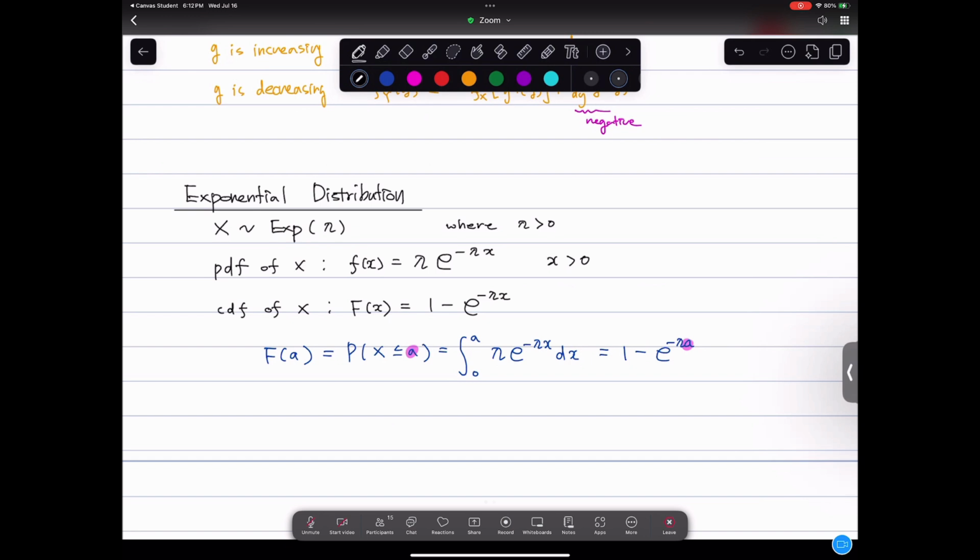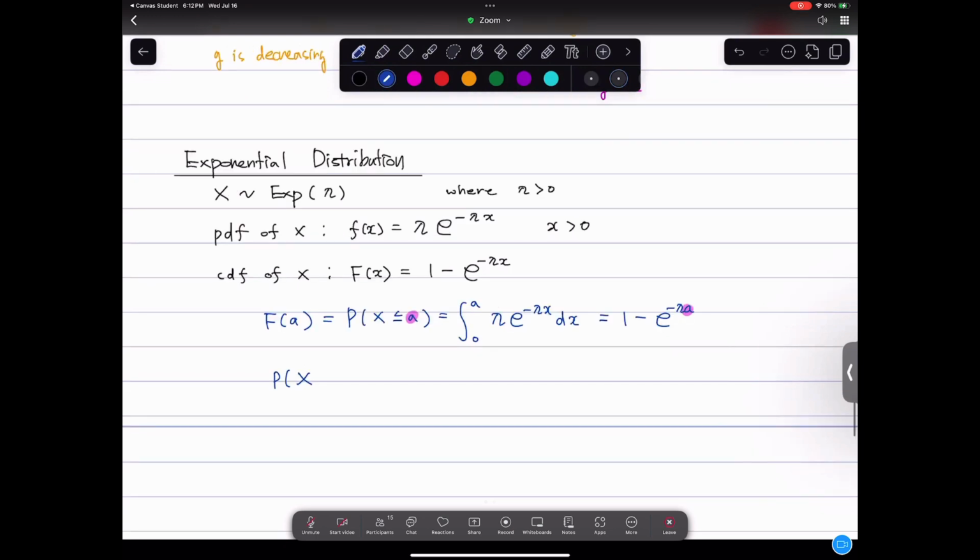Which means if I'm interested in the probability that the exponential X is greater than a, it's 1 minus the CDF. So it becomes e to the power of negative lambda times a. I can just use it, so I don't have to worry about doing this integration every single time. It's pretty common that you see something like this.